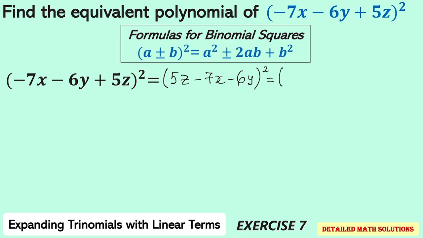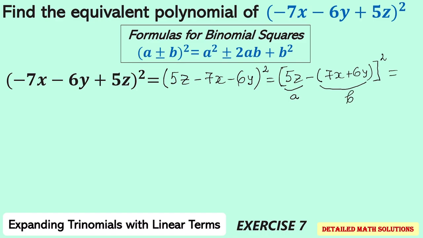I can also write it as 5z minus, in parentheses, 7x plus 6y combined as one term, in square parentheses squared. This way, 5z will correspond to the a in the formula, and 7x plus 6y will correspond to the b in the formula.